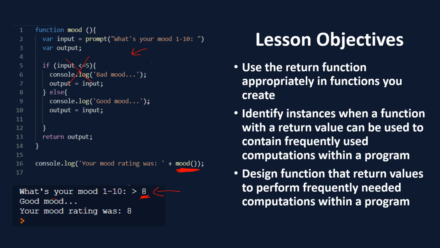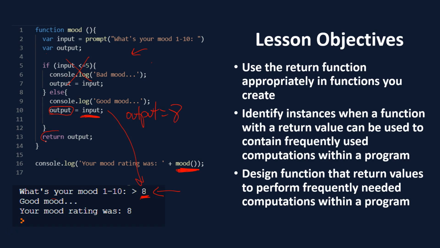So 8 is greater than 5, so that means they're in a good mood. And so then the value of output is the user input, which was equal to 8. So now output is 8.